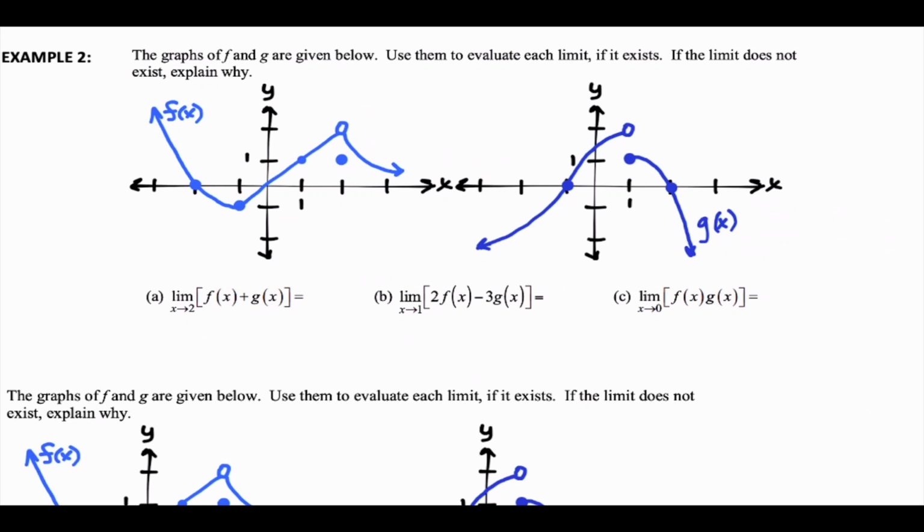So now we're looking at 2. I'm going to do each of them and add them together. What is the limit as x approaches 2 for f? That's the first thing. And then the limit as x approaches 2 for g.